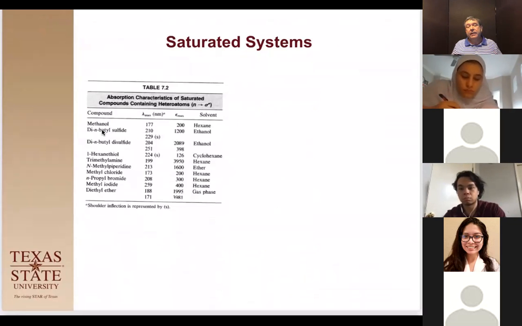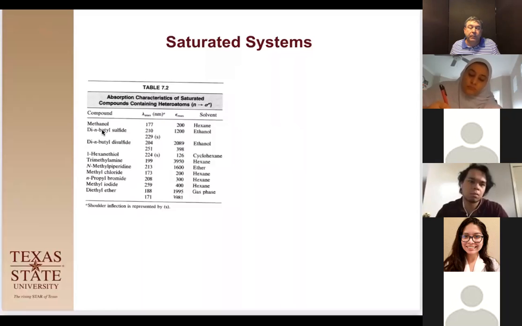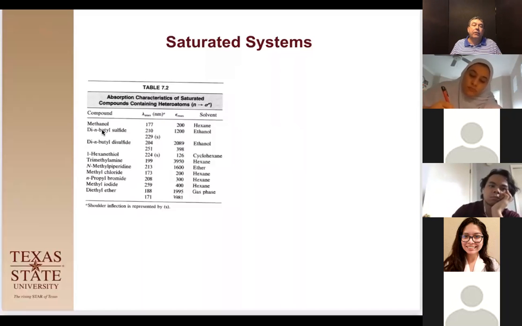Because that's a very high energy transition, and it's typically out of the range. It's typically in the 120 nanometer range, and that's outside the range of what we normally see in our UV-Vis devices. We're starting to get into the vacuum UV.